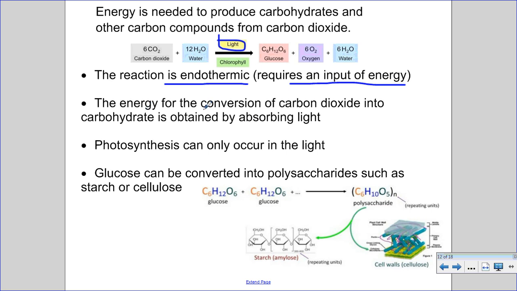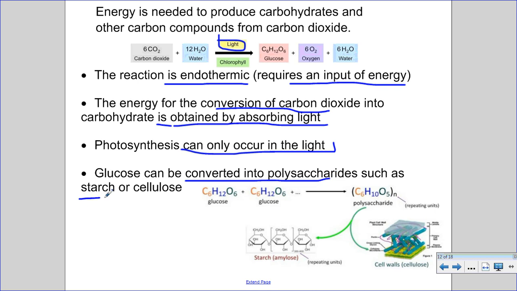So the energy is needed for the conversion of carbon dioxide into that carbohydrate, and this is obtained by absorbing light. So that process of photosynthesis can only occur in the light. And then at the end of it, when glucose is made, that glucose can be converted into polysaccharides, such as starch or cellulose.